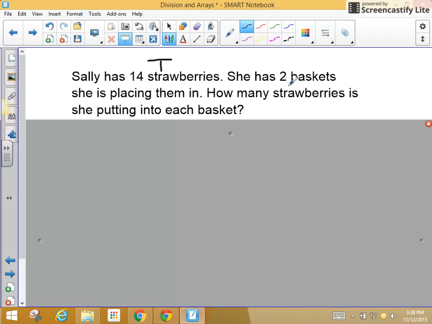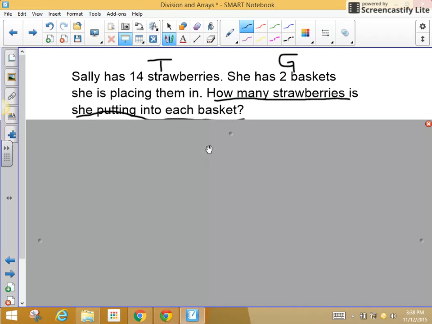Now, what other piece of information do I have? I have my groups because she has baskets. I'm going to put G here. She has 2 baskets. What am I trying to find out? I'm trying to find out how many strawberries she is putting into each basket. I'm trying my best to underline that.